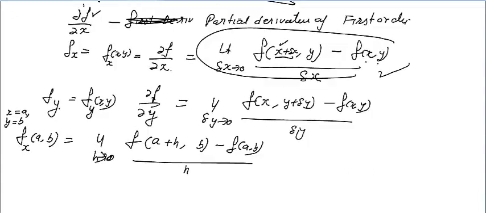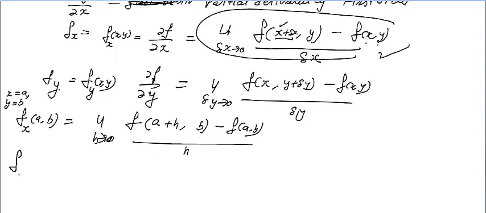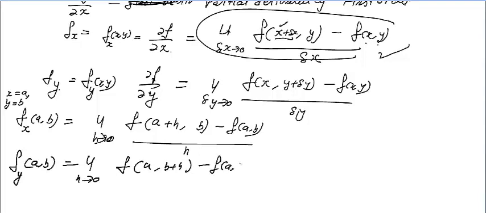In the same way, if you want to find the derivative of the function with respect to y at x equal to a and y equal to b, you will write limit h approaches 0, a as it is, b plus h. h is a small change, maybe in x or maybe in y. f(a, b+h) minus f(a, b) upon h. I hope it is clear to everyone.